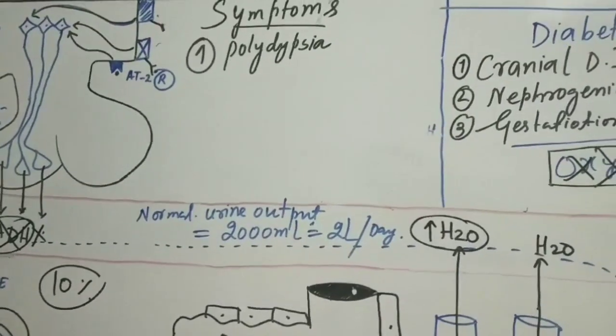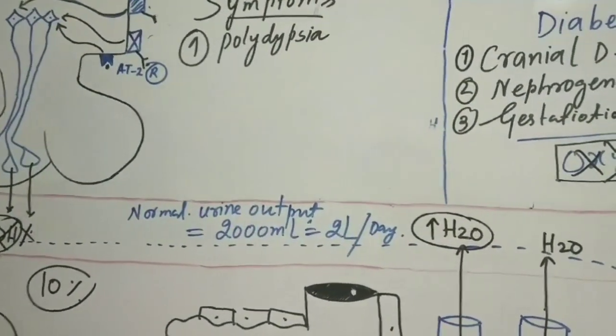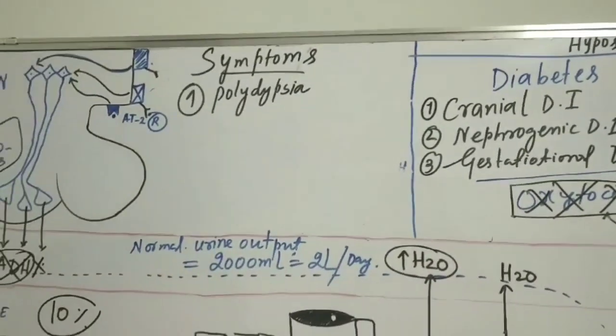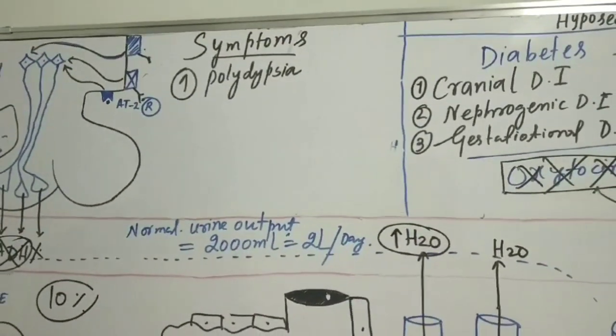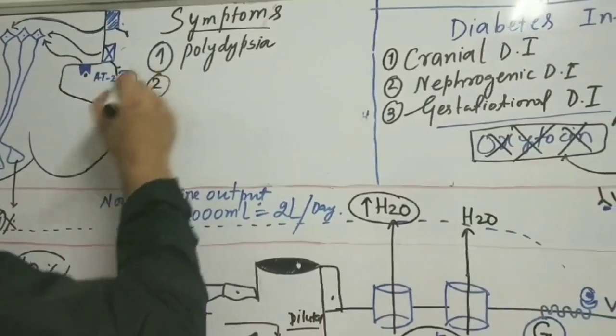Polydipsia means excessive thirst. Why is there excessive thirst? Because a lot of water is excreted with the urine. There will be another symptom.